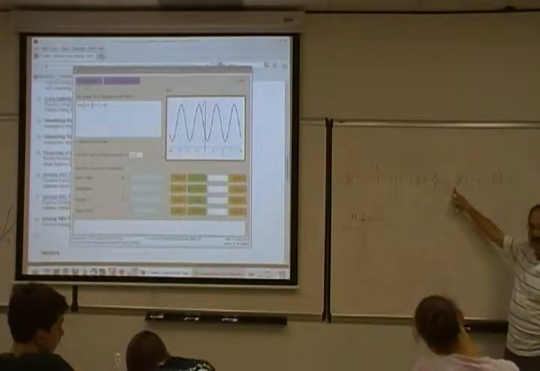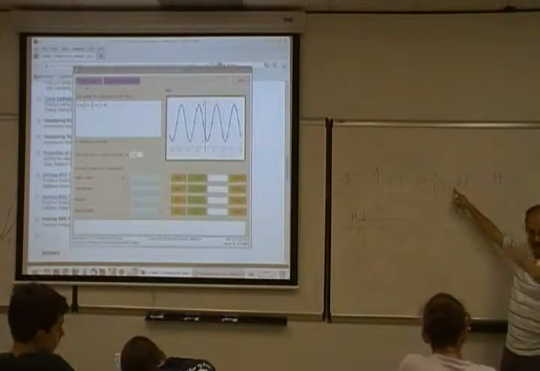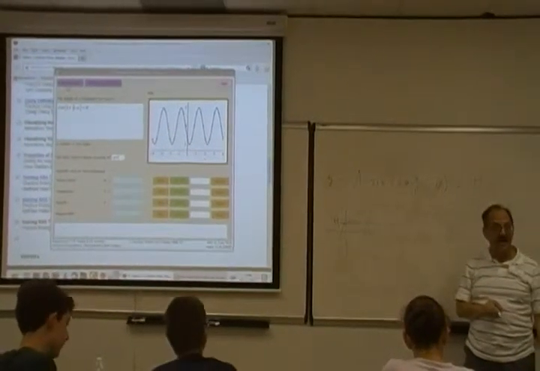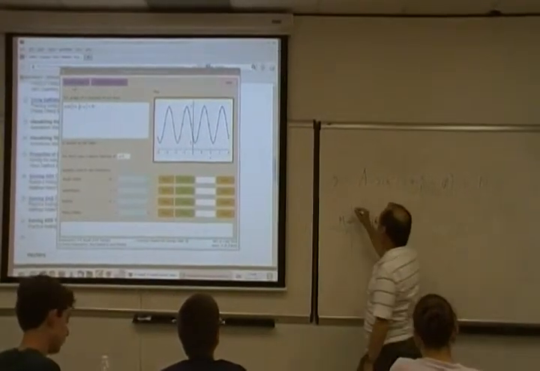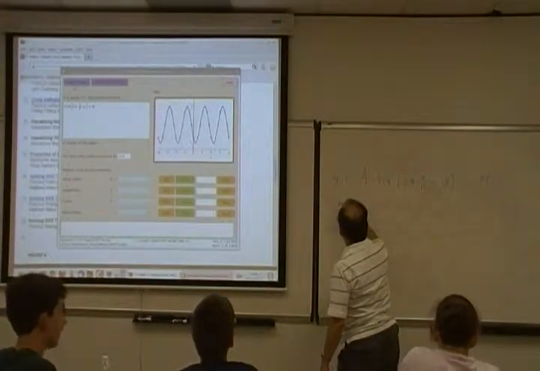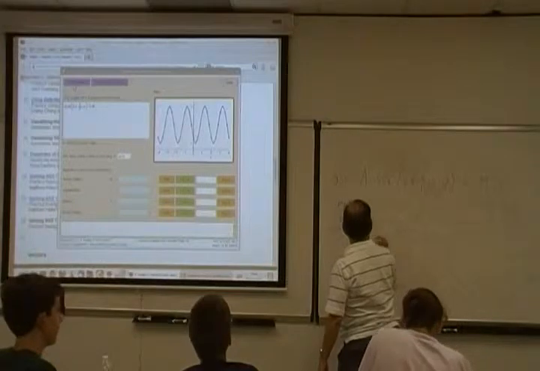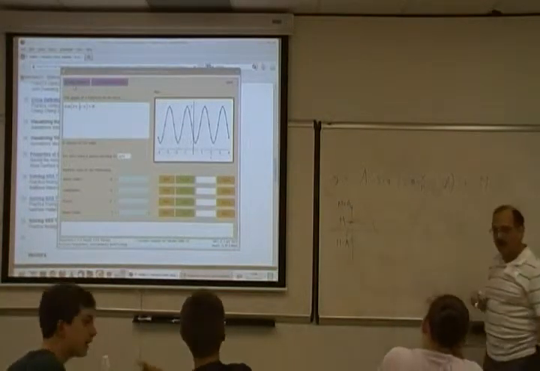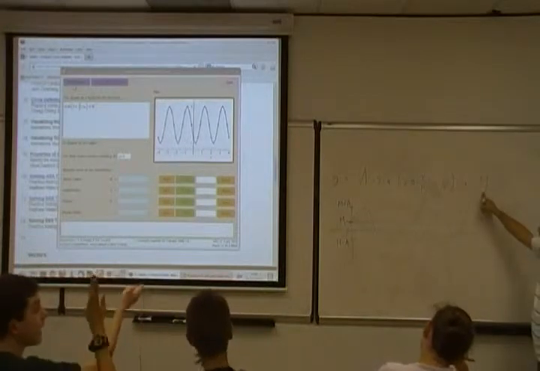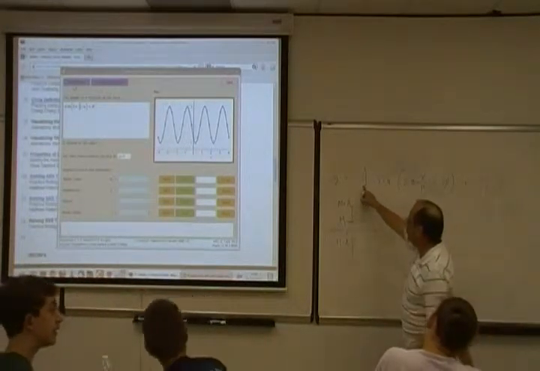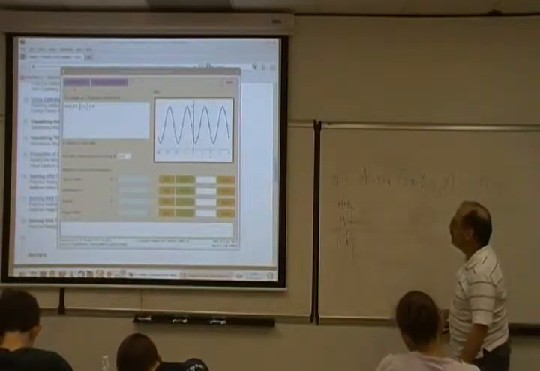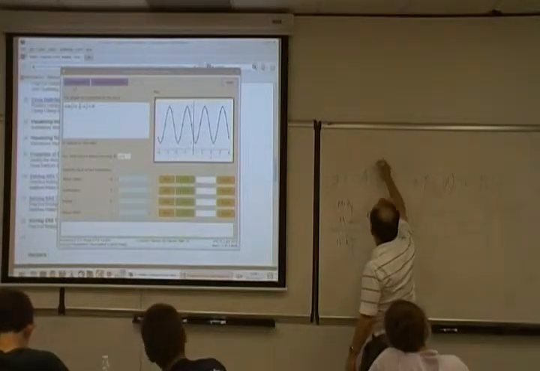The sine function goes up by 1 or down by 1. But you multiplied it by A. So it goes up and down by A. So this amount here will be M plus A, and this amount here will be M minus A. So this is the vertical shift. This is the vertical scaling. Okay? And this is called the amplitude.